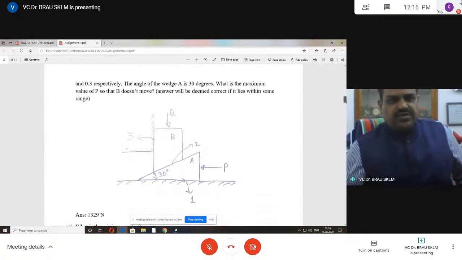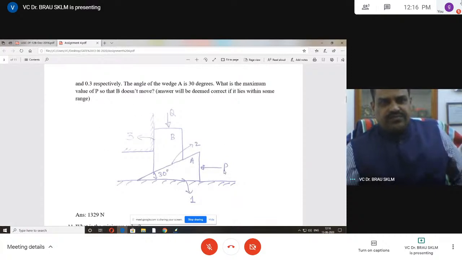The angle of wedge A is 30 degrees. What is the maximum value of P so that B does not move? The answer would be deemed correct if it lies within some range.